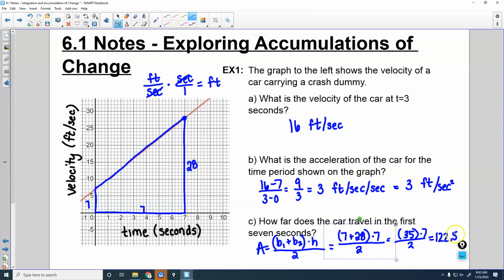No, that's the correct decimal. What are my units? Feet.